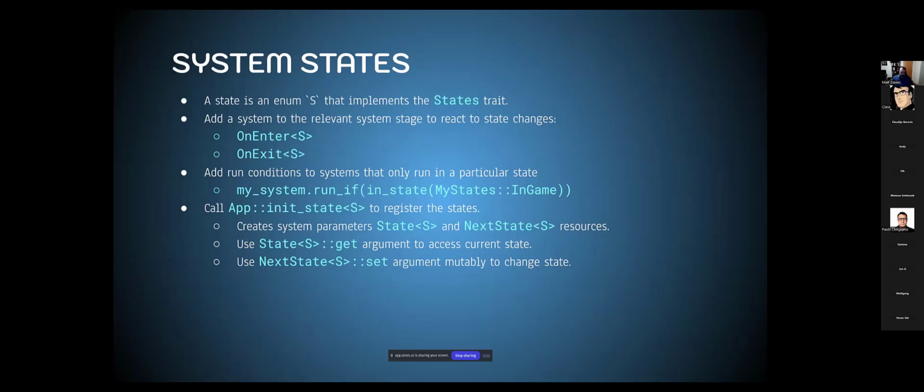The state parameter will just access whatever the current state is. So if you're in a game and you're about to go into the pause menu, that will return in game. The next state is what you use to say, okay, I want to transition to this state. So if you're reacting to the escape key, for example, you would use next state set to say, okay, I want to set it to my state's pause menu, for example.